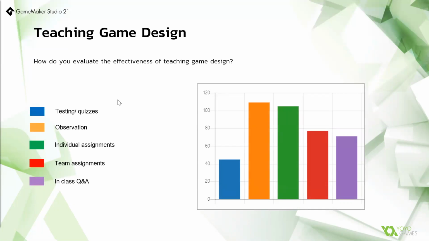And looking at evaluation, observation is important. Individual assignments as well. So we'll be looking at the ways in which you can evaluate the students' work that's being done as well.